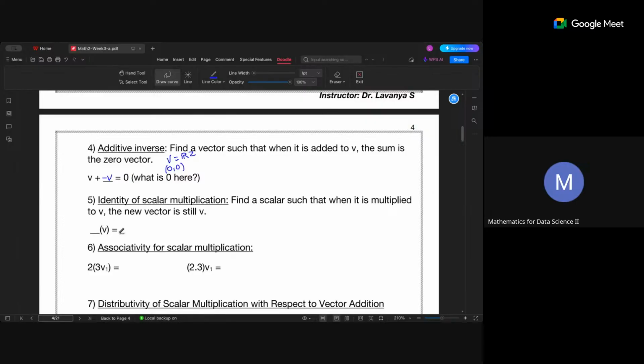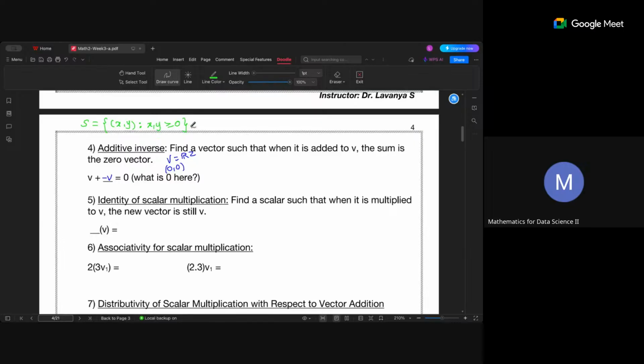Okay. So maybe here one example let me give. Let us take some set S. S is equal to the set of all x comma y such that x comma y are greater than or equal to 0. Now what is the additive identity in this set?